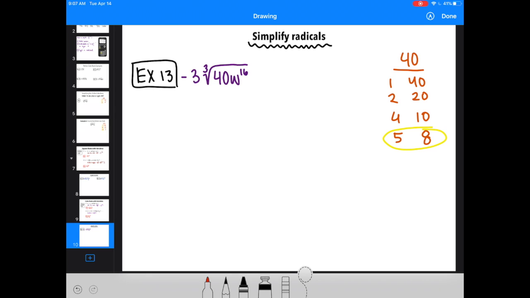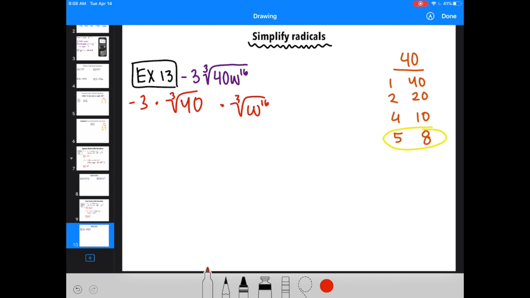I make my list for my cube roots, and I have to figure out what's my highest perfect cube that's a factor of 40 in order to break up that 40. This is also another problem that may be easier to rewrite and break up. So I'm going to break it up into negative 3 multiplied by cube root 40 multiplied by cube root of w to the 16.